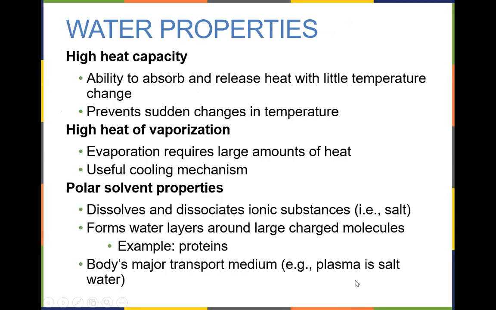Well, the high heat capacity means it has the ability to absorb and release heat with very little temperature change so that our bodies don't fluctuate drastically. As our body gets warm on a hot day, our body temperature doesn't skyrocket. On a cold day, our body temperature doesn't drop and plummet drastically.